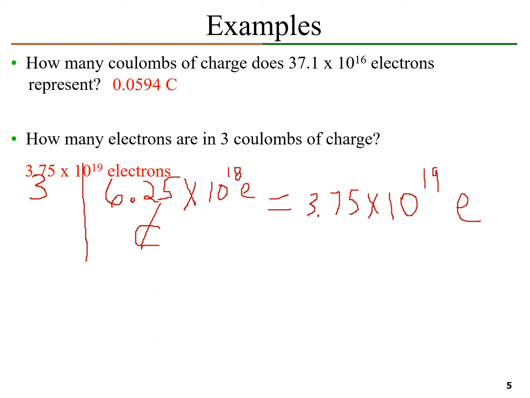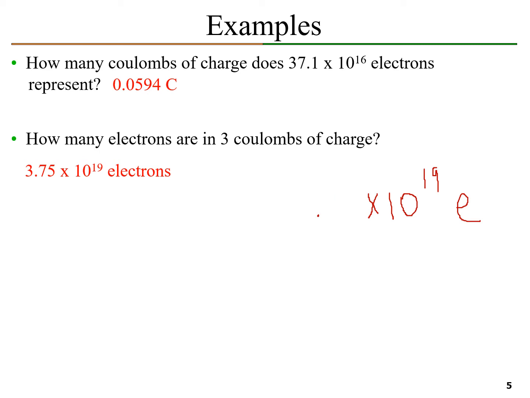Okay, let me go ahead and erase all of this. So the number of electrons in 3 coulombs of charge is 3.75 times 10 to the power 19. Quite a few.